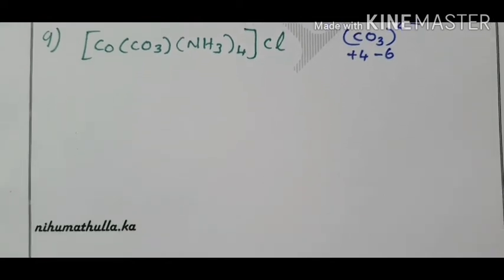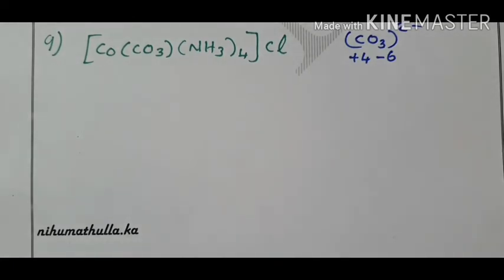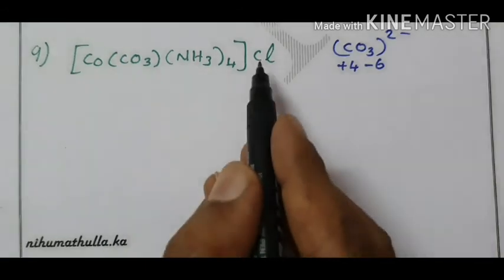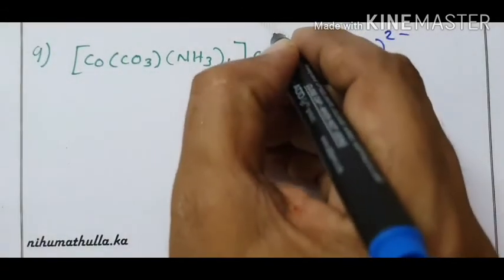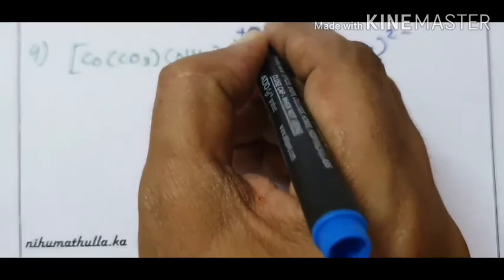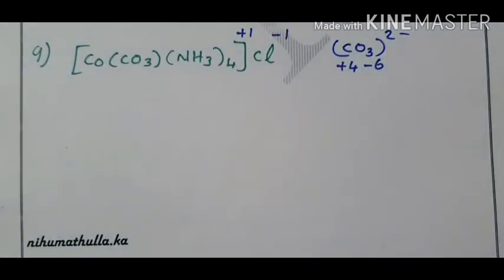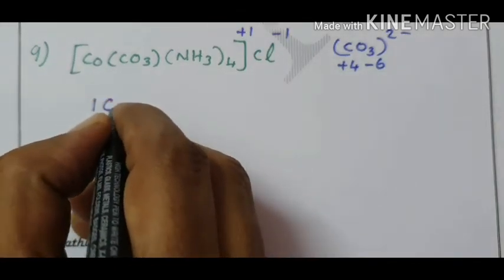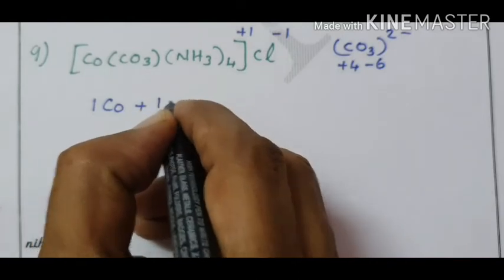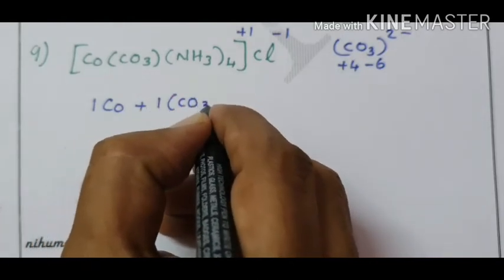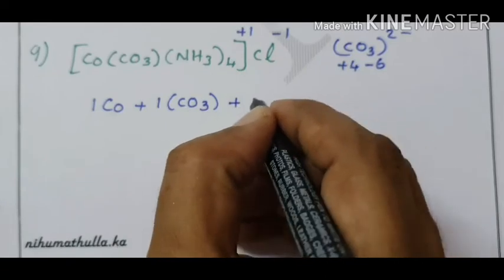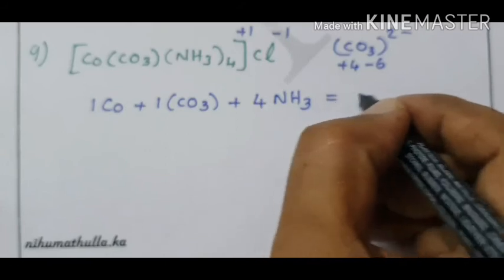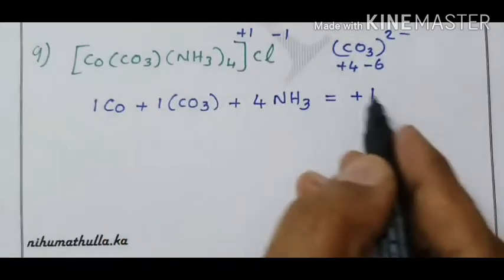Remember always. Now, as usual, find out the charge on the complex first. On the right hand side, as the counter ion Cl is minus 1, charge on the coordination sphere is plus 1. Separate all the atoms and ligands: 1 cobalt plus 1 carbonate plus 4 amine equal to plus 1.